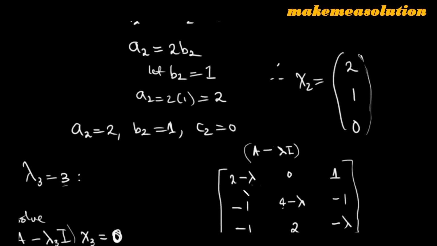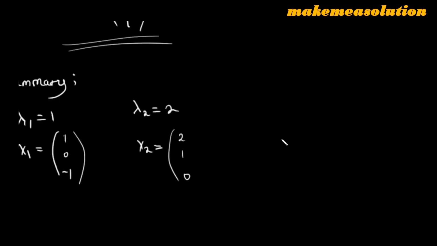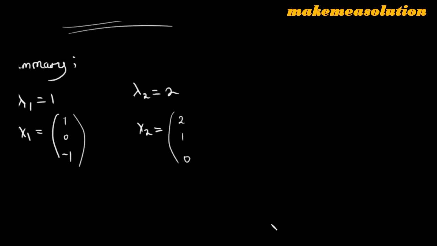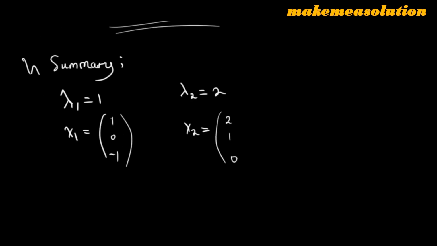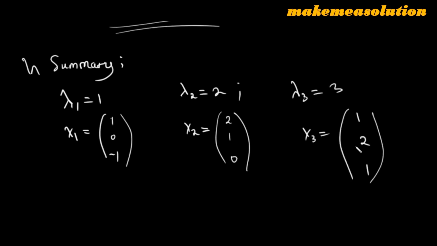Yeah, 2, 1, 0 over here. Finally, when lambda 3 was 3, we got our x3 to be the basis form as 1, 2, 1. This is what we have as our eigenvalues and eigenvectors for the given system.